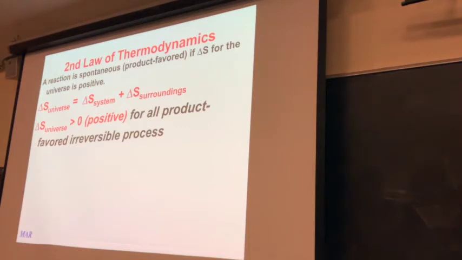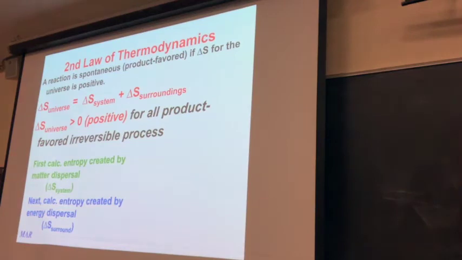And if you're going to have a product-favored system, the delta S of the universe must increase. That doesn't seem too cool yet, but bear with me, there are some really interesting applications of this. If you want to find the delta S of the universe, you have to do two things, all right? You have to calculate the delta S of the system, which is delta S products minus delta S reactants, the thing we saw already.